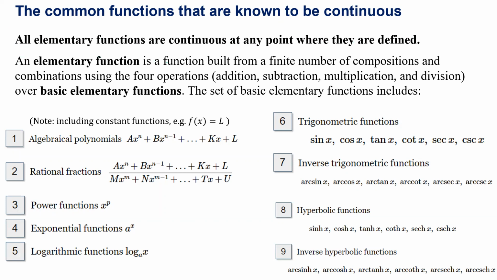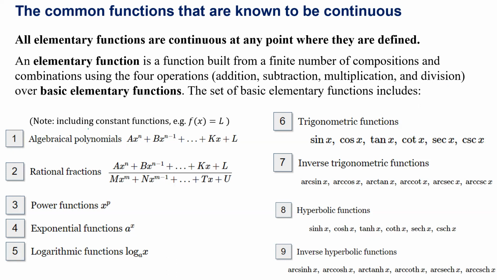An elementary function is a function built from a finite number of compositions and combinations using the 4 operations, such as addition, subtraction, multiplication, and division, over basic elementary functions. The set of basic elementary functions includes, for example, first, the algebraic polynomials.